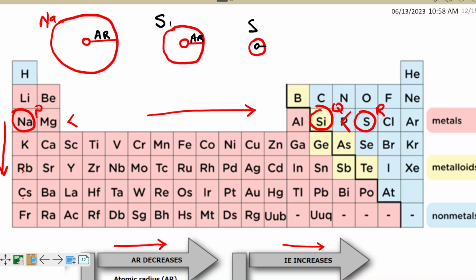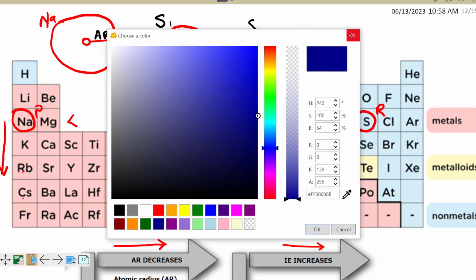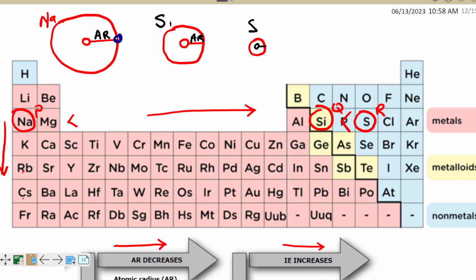If you have one electron for sodium in the outermost energy level, this electron is far from the nucleus.